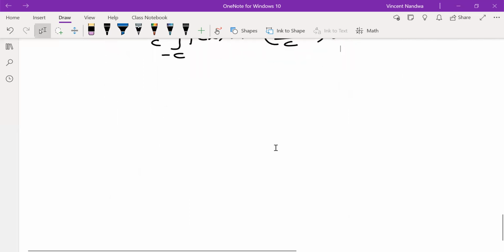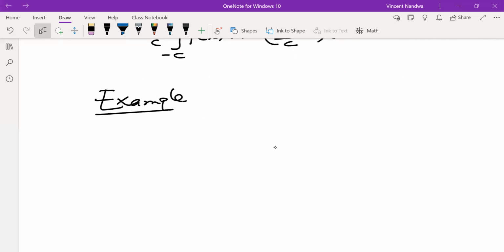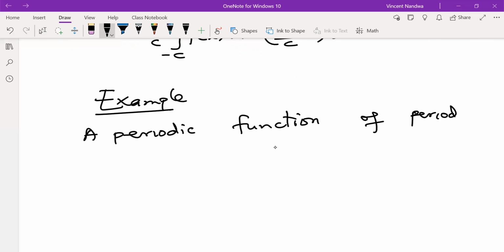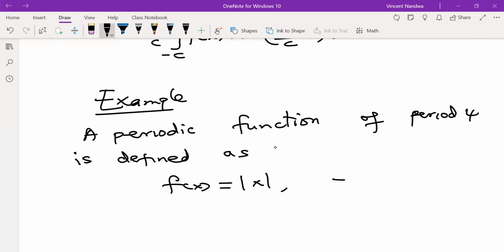So we can do an example to appreciate this. A periodic function of period 4 is defined as f of x equals absolute value of x from minus 2 to 2.